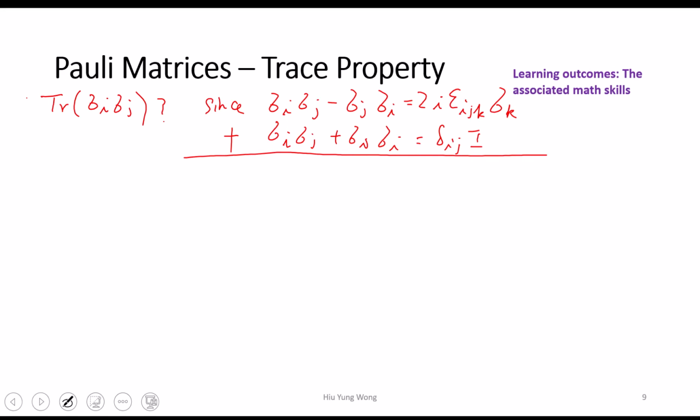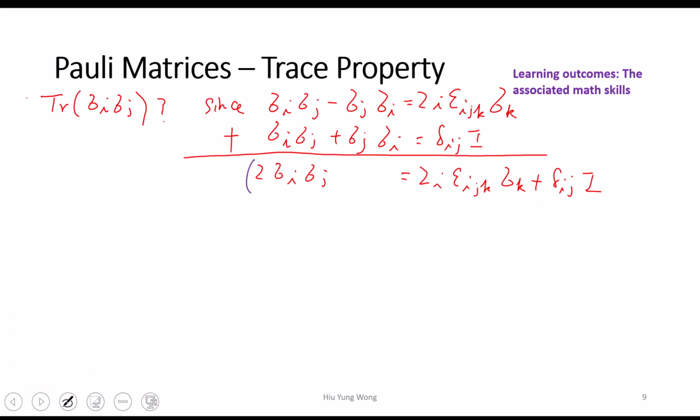What do I get? I get 2 sigma i sigma j equals 2i epsilon ijk sigma k plus delta ij times identity. From the anti-commutation and commutation relationships, I add them. Sigma j sigma i gets cancelled. Here I did not write it clearly, this should be sigma j. Sigma j sigma i, one negative, one positive, you add them together, they cancel. That's why I have 2 of this, and these just add together.